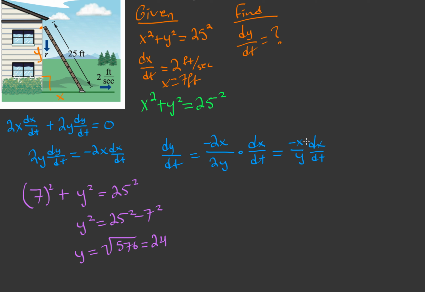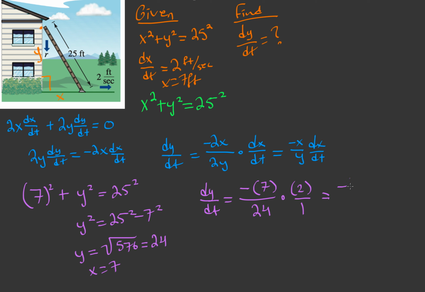So now we have an x and a y: x equals 7, y equals 24, and we have dx/dt, which was 2 feet per second. So dy/dt is equal to negative x, which is 7, over y, which is 24, times 2, which is dx/dt.